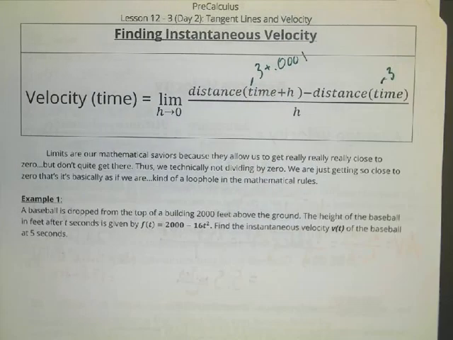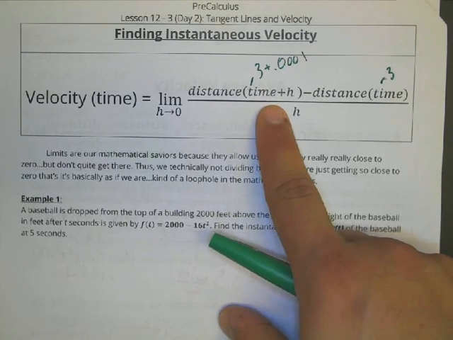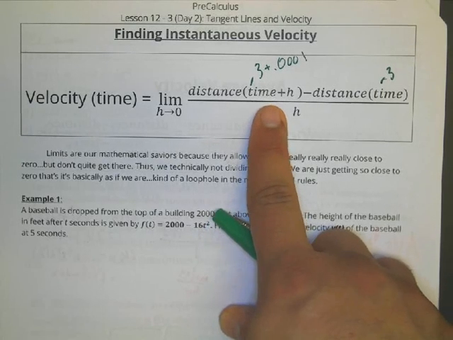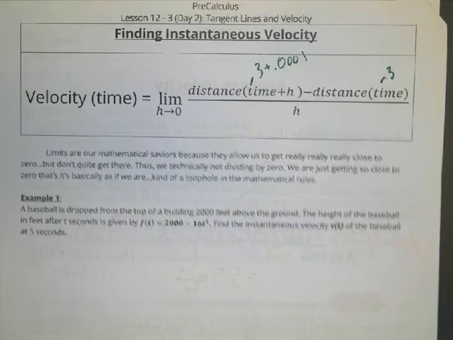You're adding on something infinitely small to see what happens, because you're technically still not dividing by h. But that's the way to think about this: you're taking one distance that's just slightly bigger or smaller than your time, and you're subtracting it from the time. Okay, so limits help us out here.